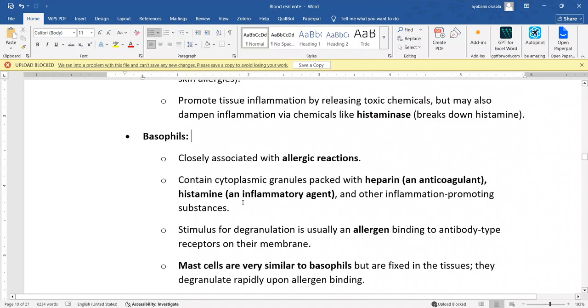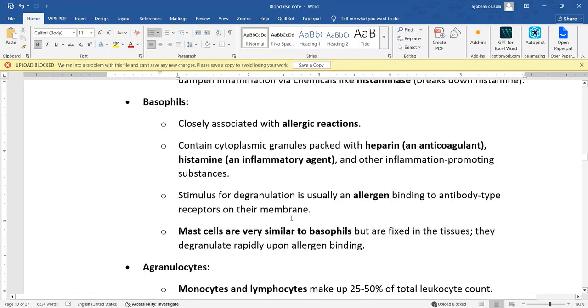Basophils are basically for allergic reactions, and in their cytoplasm they contain heparin and histamine and other inflammation-promoting substances. They are similar to mast cells, and they can release histamine. Mast cells also contain histamine, and histamine is an inflammatory agent.